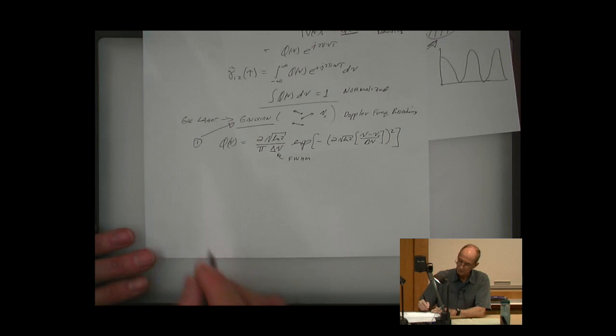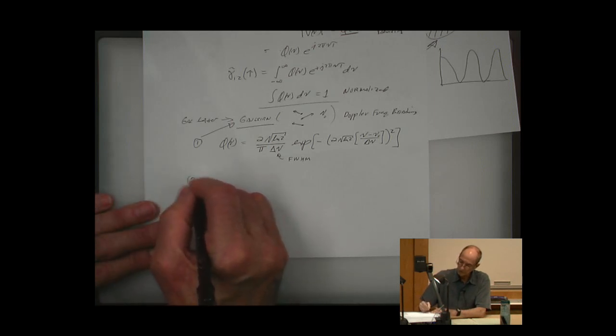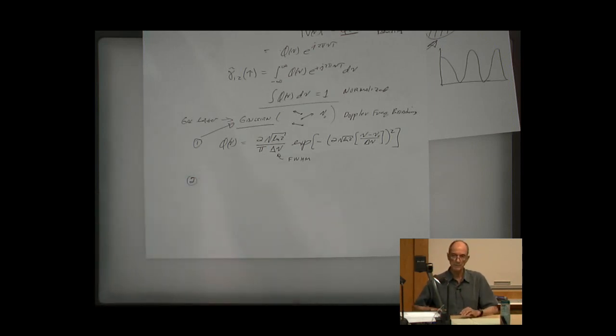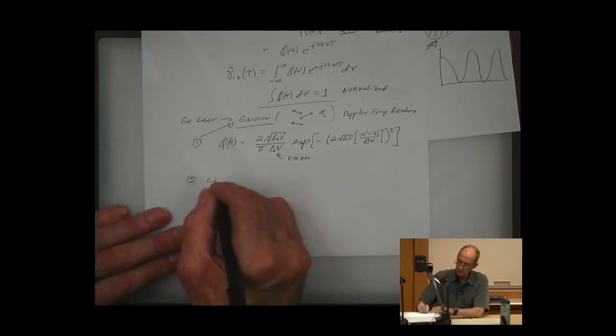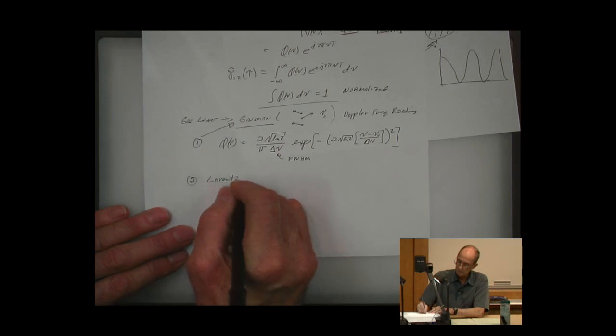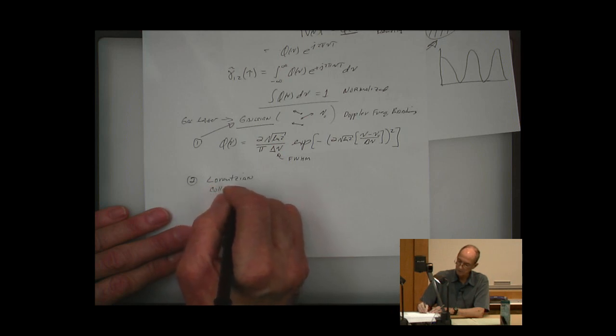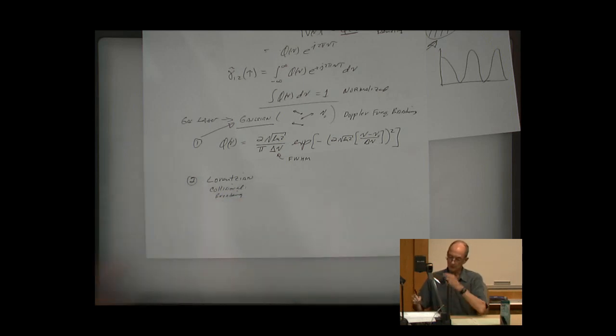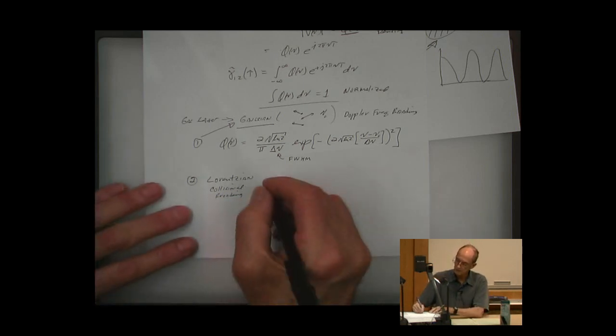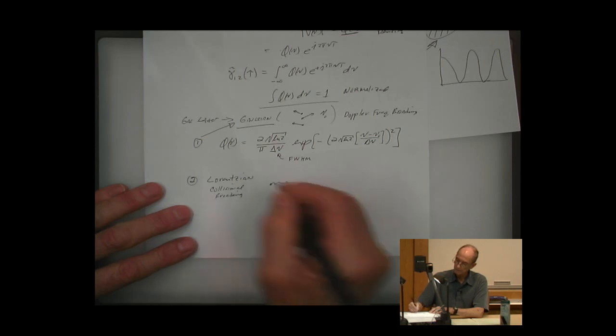Okay, now there's another type of broadening, which also occurs with high pressure gas lasers, which has a Lorentzian distribution, and this is again due to collisional broadening. What we mean by collisional broadening is, the atoms may be moving along here, of course, and they collide, right?